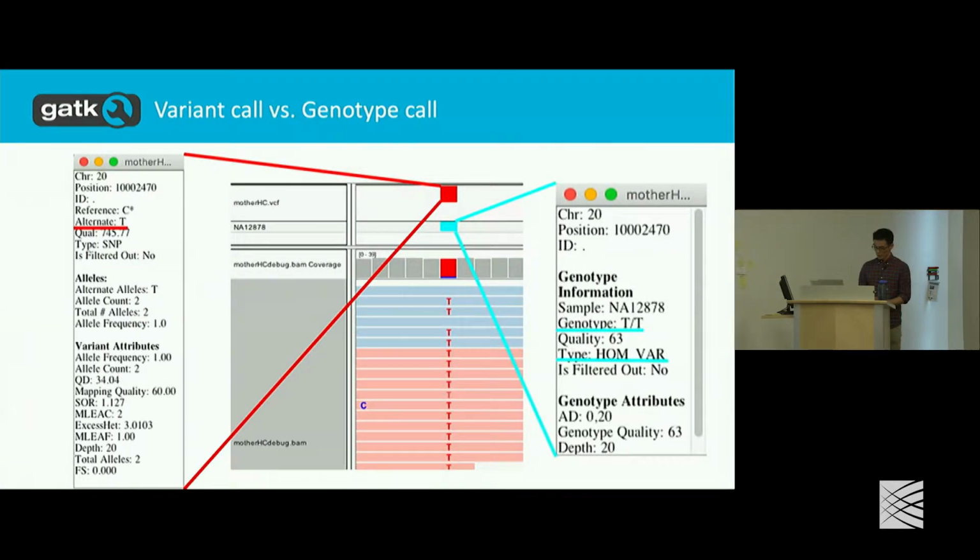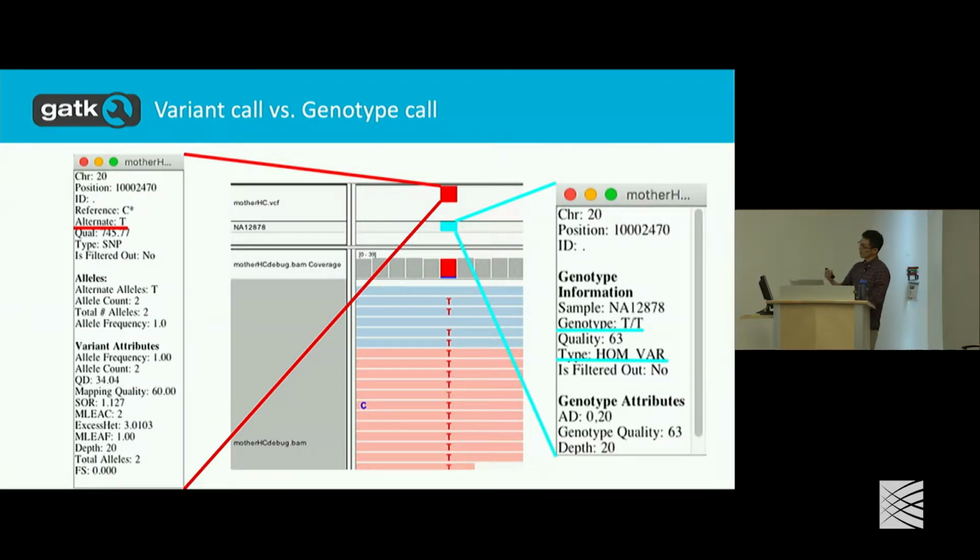So here is an IGV screenshot where you can see the genotype being encoded in the VCF file. Here we're looking at a site where the human reference is C, and we're looking at a C to T SNP.